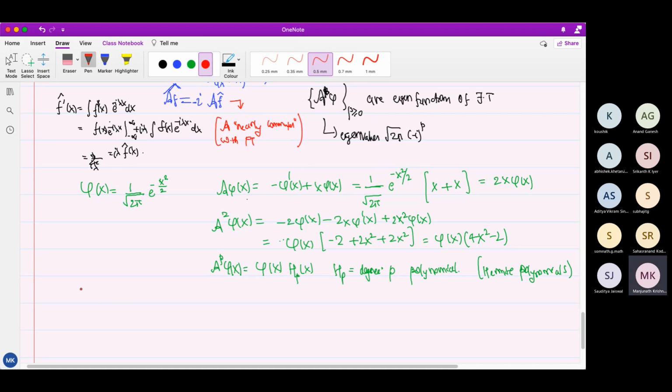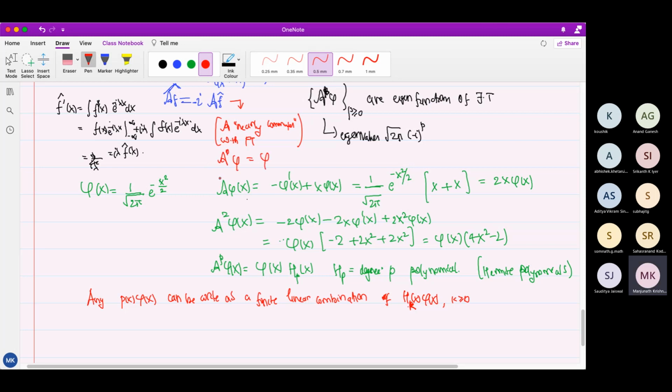What I want to say is that any polynomial can be written as a finite linear combination of h_k times phi. k equal to 0 means the 0-th derivative of phi is just phi.